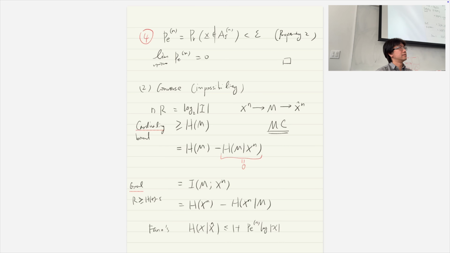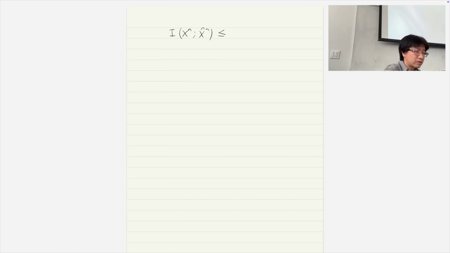It's the one where the mutual information between this guy and this guy would be less than the mutual information between this guy and this guy. Basically, the mutual information between this and this, something further away, is less than or equal to the mutual information between this and that. Data processing.